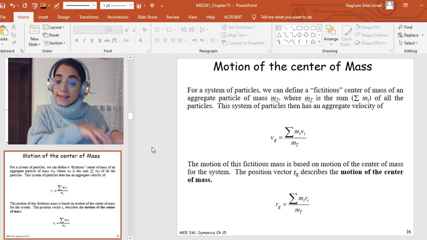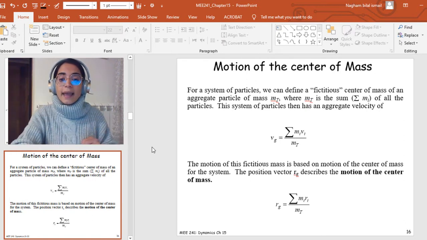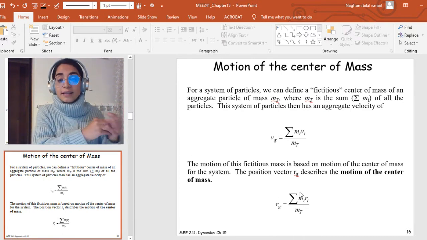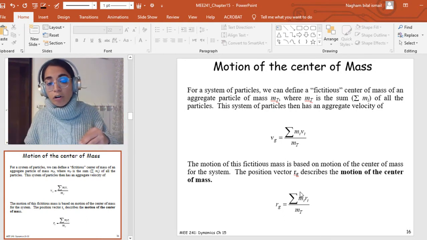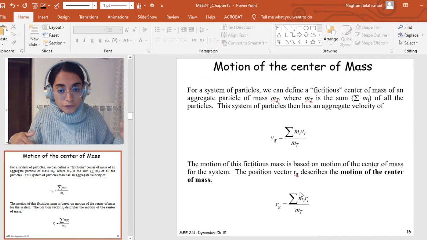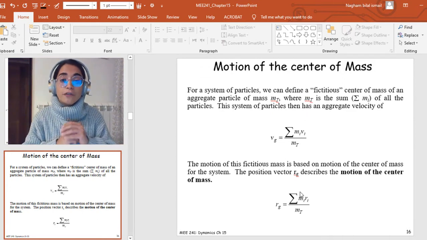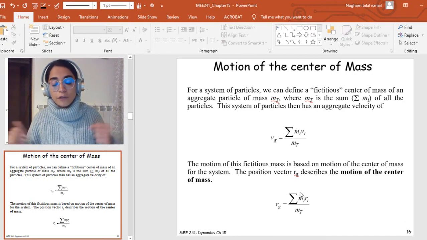Now, as I know, if I have a system of particles, I can find the position of the center of mass by doing this equation. The center of mass position will be equal to the sum of mi Ri over the total mass. And as I know, if I do the first derivative with respect to time, I can find the velocity of the center of mass. And then if I do the second derivative with respect to time, I can also find the acceleration.